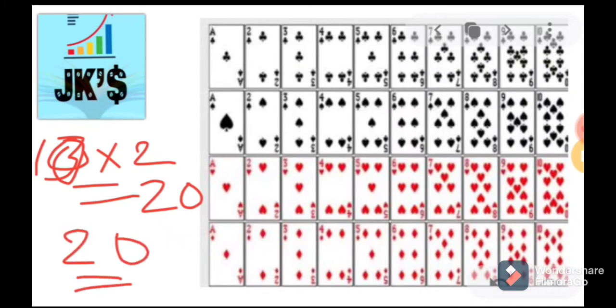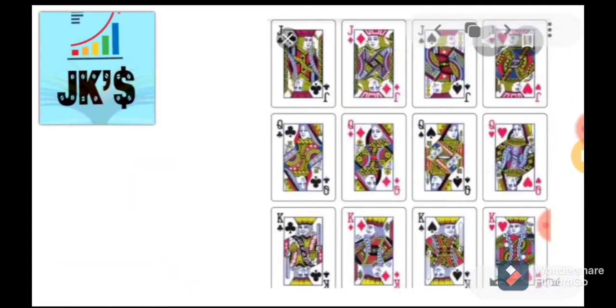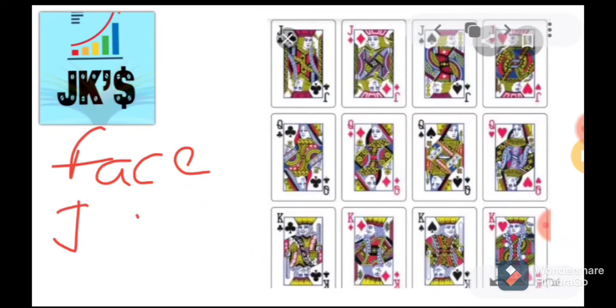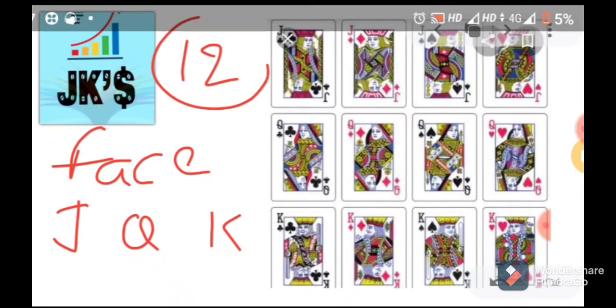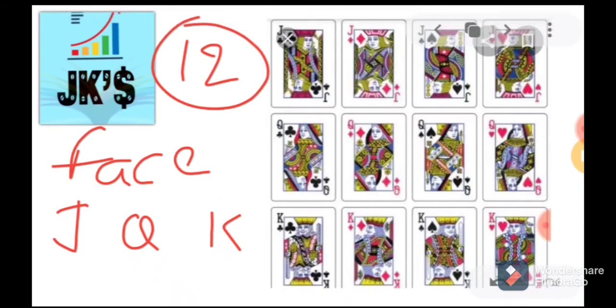There are a total of 40 number cards in a pack. Now the face cards. Face cards means Jack, Queen and King. Each suit has 3 face cards. In total there are 12 face cards in a pack of 52 cards.